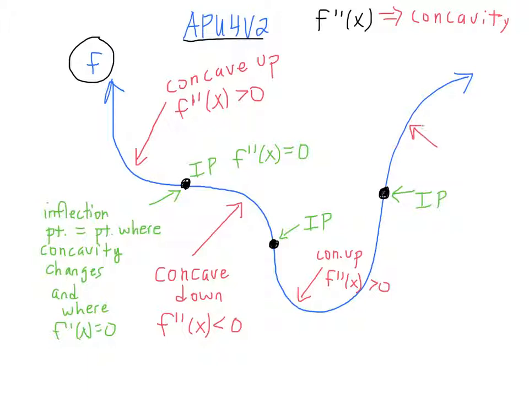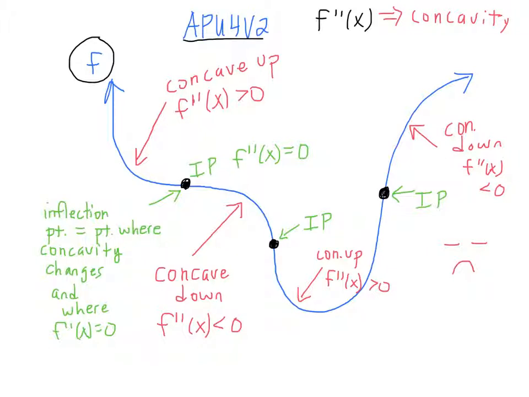So on this portion of the graph, it's now bent downward. So this is concave down, meaning the second derivative is less than 0. So if a function is concave down, it is bent downward, it has a negative second derivative.